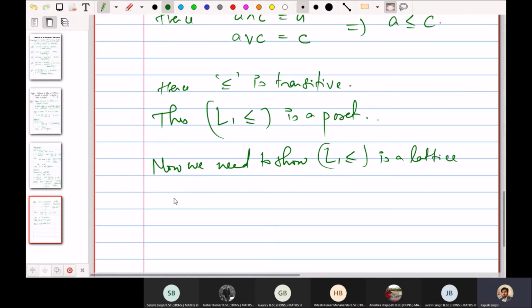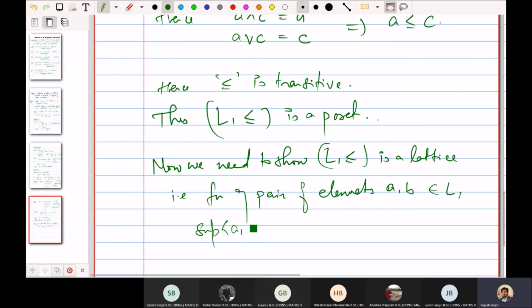That is, for any pair of elements A, B in L, supremum of A, B and infimum of A, B exist in L.